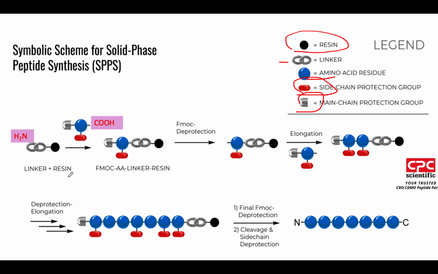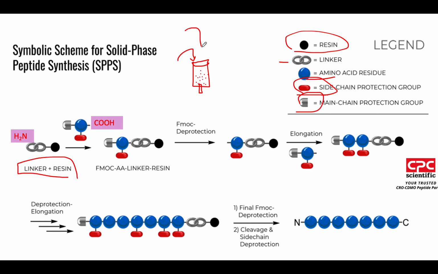First, you have a resin, which is a support, followed by a linker. So why is this resin important? Imagine you're carrying out a reaction in a peptide synthesis tube, and this tube usually has a hole here where your liquid comes out after you wash your protein. When your resin is inside the tube and you add your first amino acid, in the coupling reaction your first amino acid will be bound to the resin.